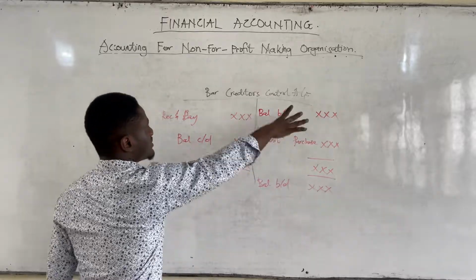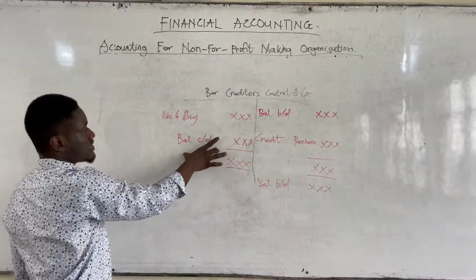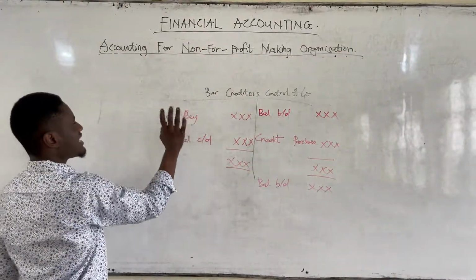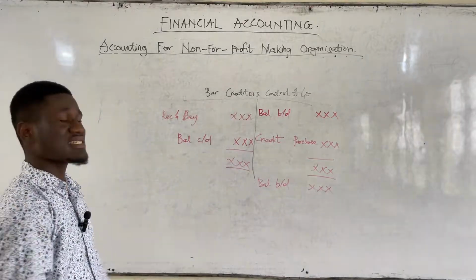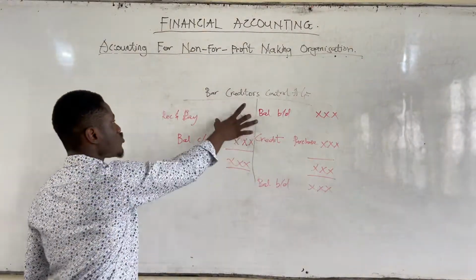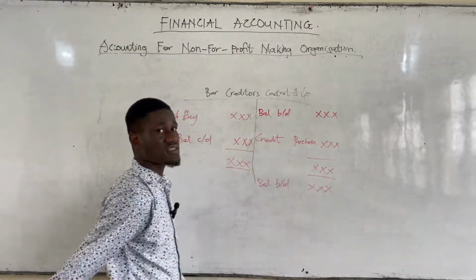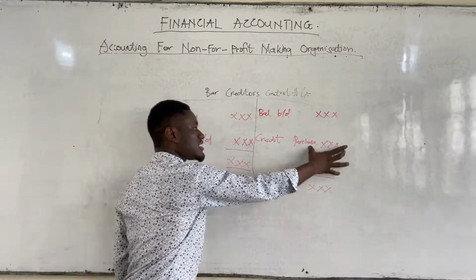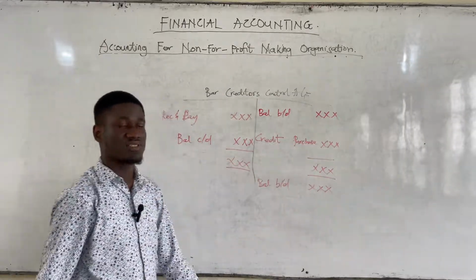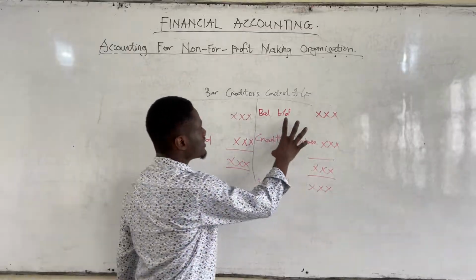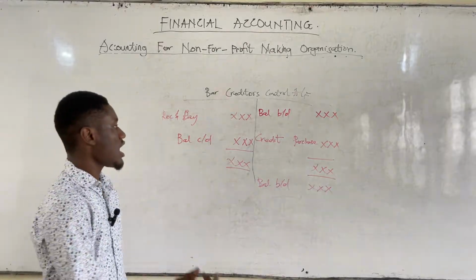Then our balance carried down pertaining to bar creditors will come here. Then any item related to bar creditors in the receipts and payments will be here. Then our difference is going to be the credit purchases, not balance carried down, because we are using this account to find our credit purchases. This credit purchases is what you see in the bar trading account.